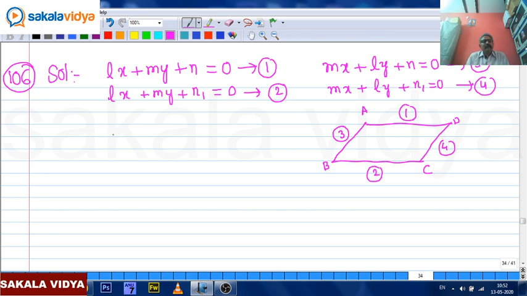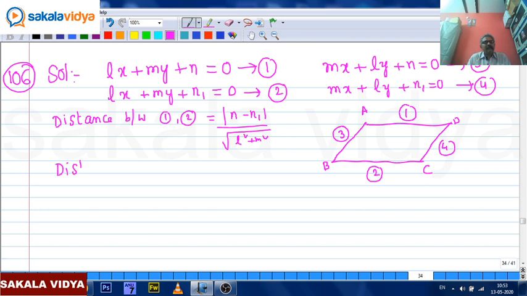The distance between the parallel lines 1 and 2 is mod of n minus n1 by root of L square plus m square. Next, the distance between 3 and 4 is also the same, n minus n1 by root of L square plus m square.